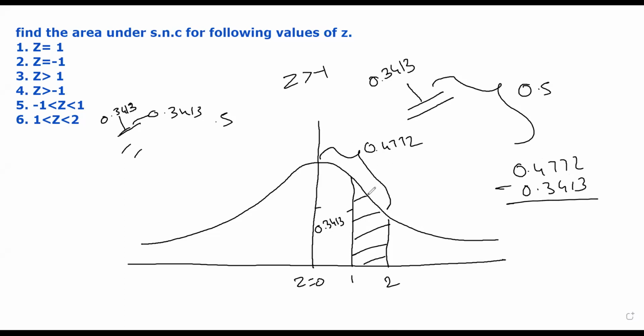That is 0.1359. So what is the area between 1 and 2? It is 0.1359.